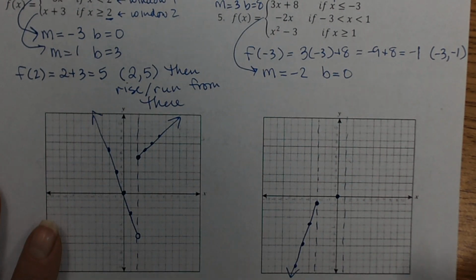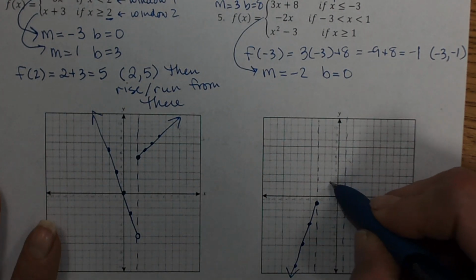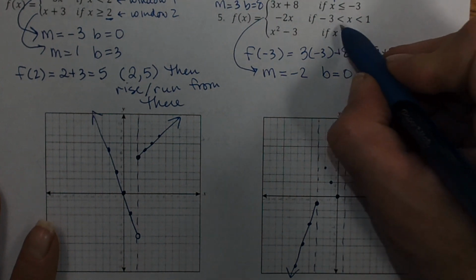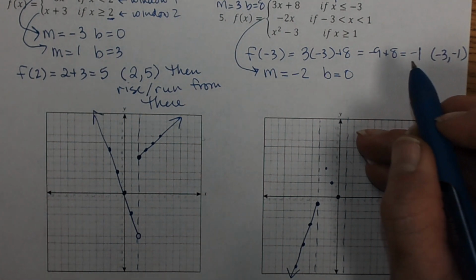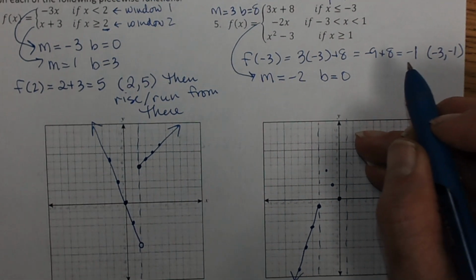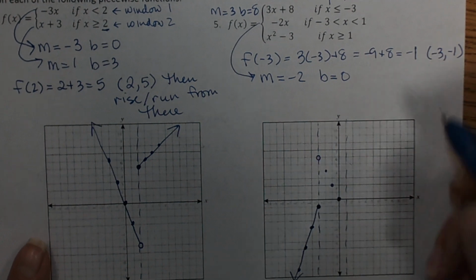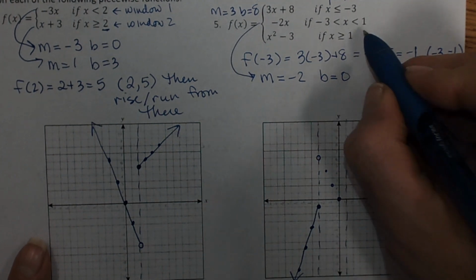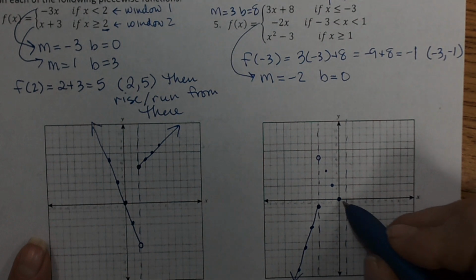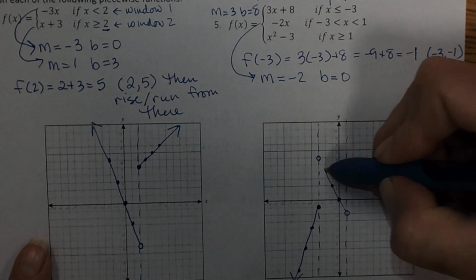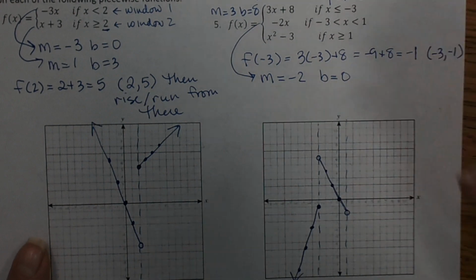That means that we're going to go up and to the left, up and to the left, up, and then pay attention here. It is not equal to, so when we get here, this is going to be an open point. And then the same thing when we get to the 1. When we go down 2 and over 1, this is also going to be an open point. So that's the graph in my second window.